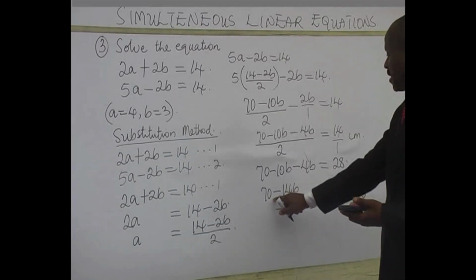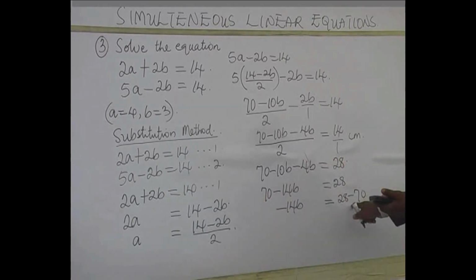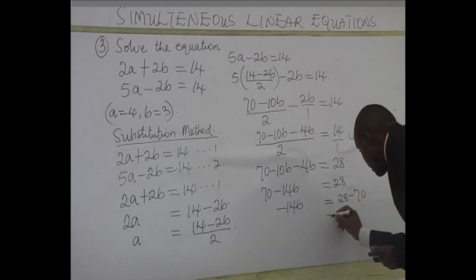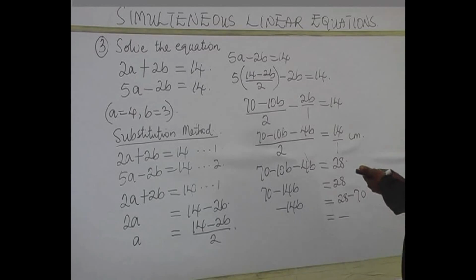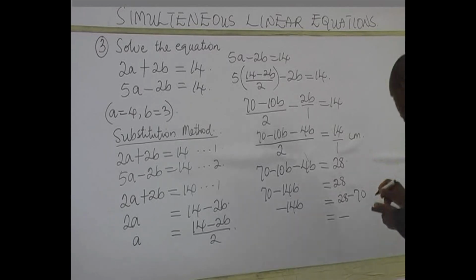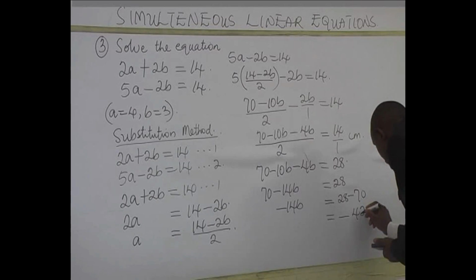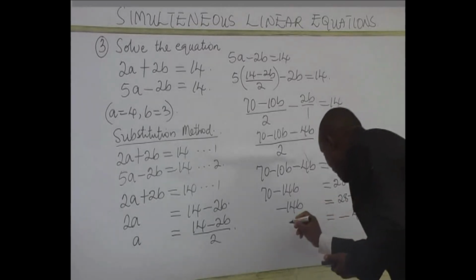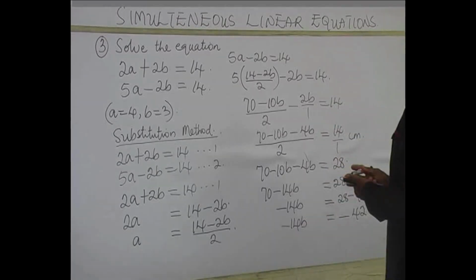Subtract 70 from 28, and whatever you have will be a minus. 70 minus 28 is 42. So we have minus 14b is equal to 42.